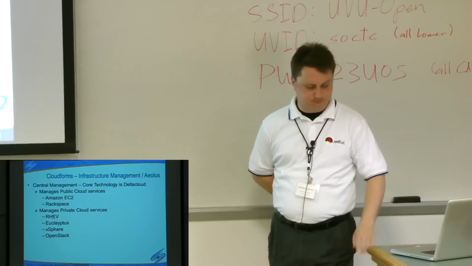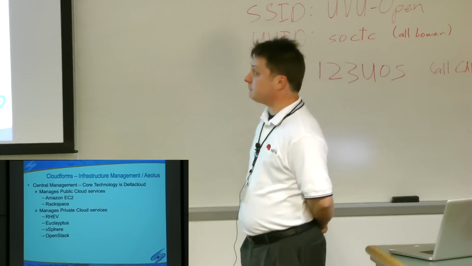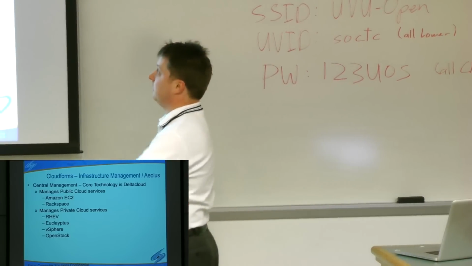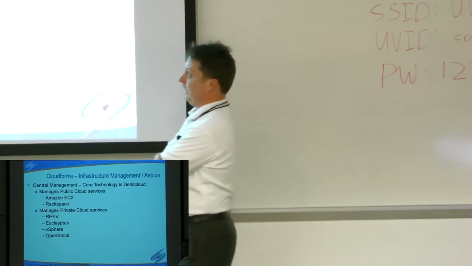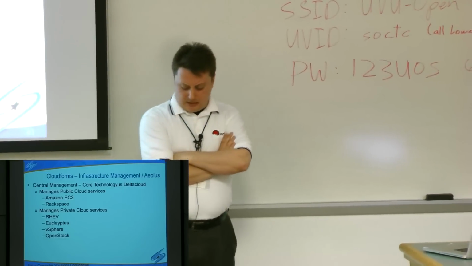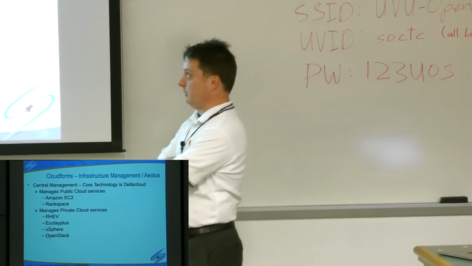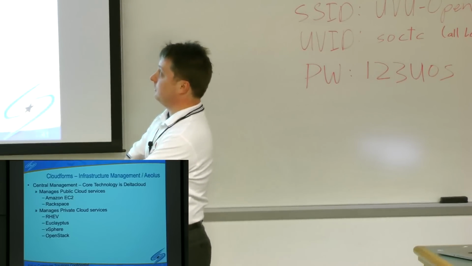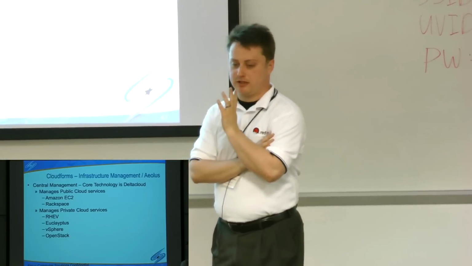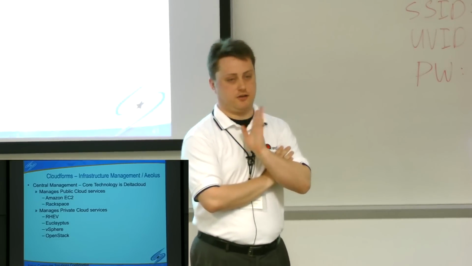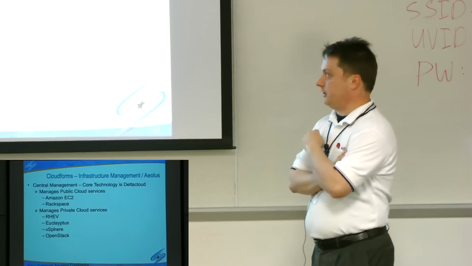So the next one, this one I really wanted to do a demo on. The Aeolus project. It's going to be part of Red Hat's CloudForms if you want to support a product. It's basically a central management system, and the core technology is a project under the Apache Foundation called Deltacloud.